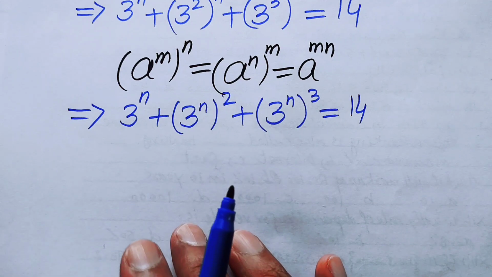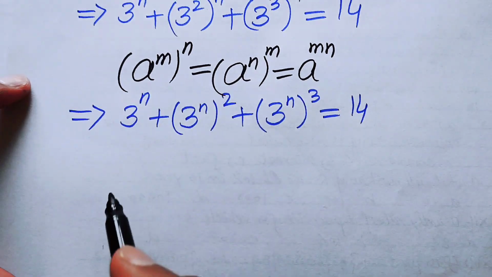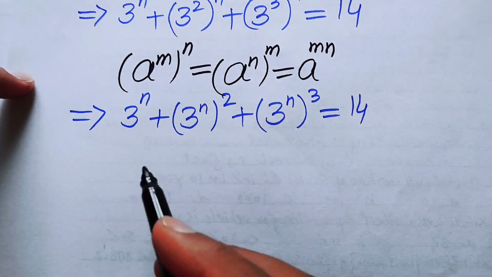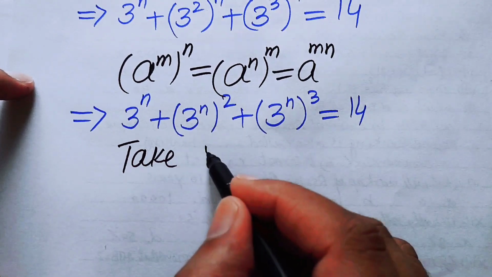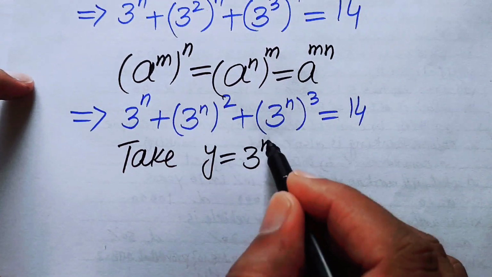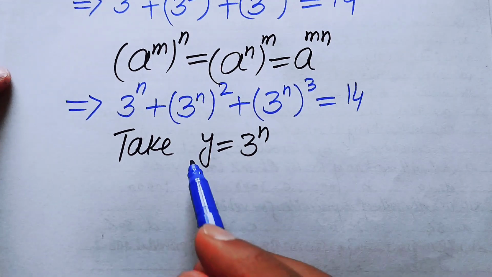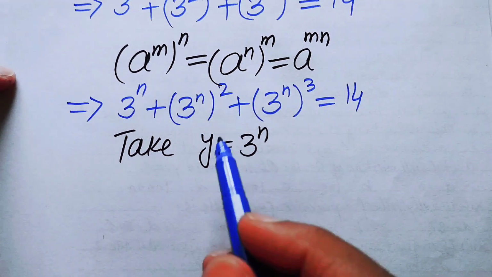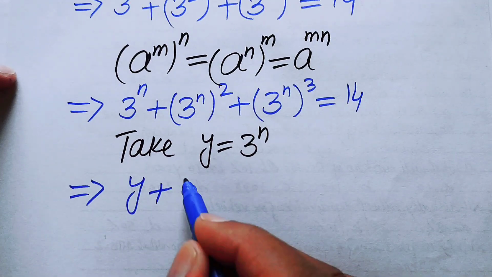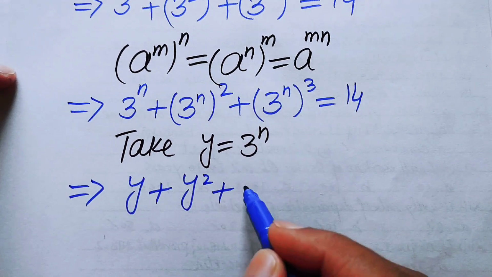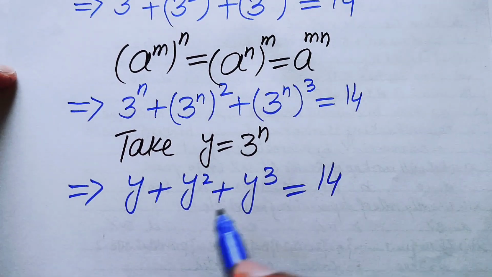In the next step I can convert this exponential equation into the cubic or quadratic form, so here I can just take y is equal to 3 to the power of n. When you put y is equal to 3 to the power of n, this equation becomes y plus y squared plus y cubed is equal to 14.